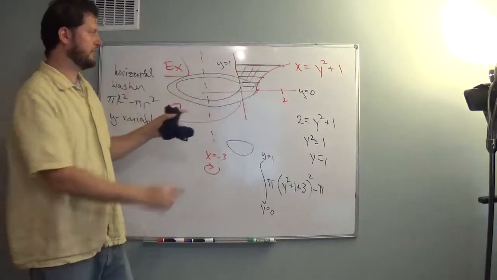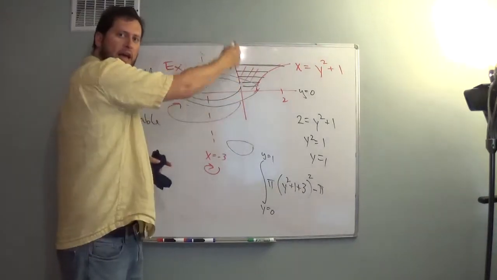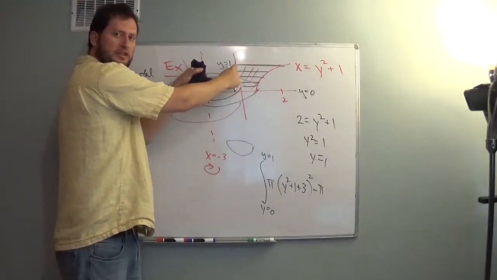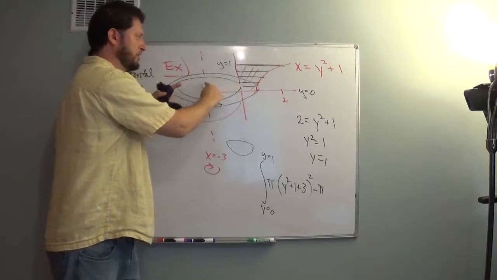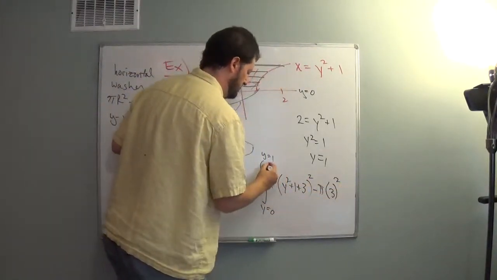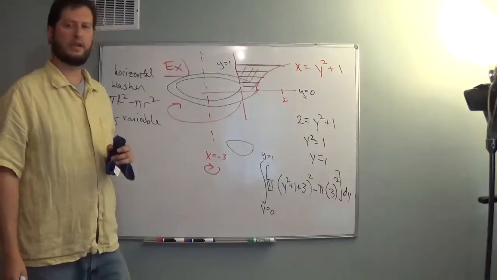The little radius in this case is always 3 because this is the y-axis, this is 3 units here, this is 3 units here, this is 3 units here. So the little radius is always 3 because we've moved 3 units to get over to here. So that will be 3 squared. Y is my variable. And we're done.